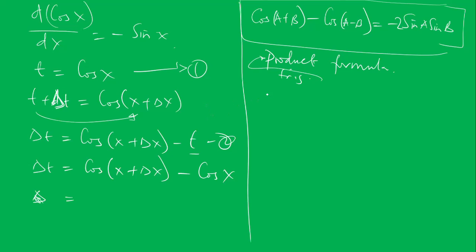So now, having gotten this, let's assume that a plus b is equal to x plus change in x, and a minus b is equal to x. Meaning that here change in x is equal to a plus b, and here x is equal to a minus b.